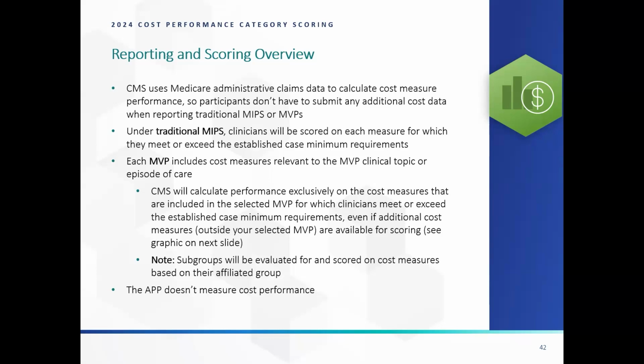CMS will calculate performance exclusively on the cost measures included in the selected MVP for which the clinicians meet or exceed the established case minimum, even if additional cost measures outside your selected MVP are available for scoring. Subgroups will be evaluated for and scored on cost measures based on their affiliated group. And then APPs don't measure cost performance.